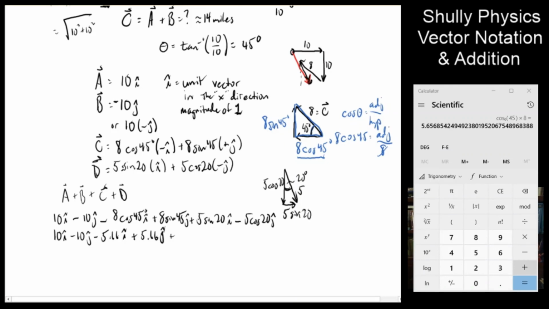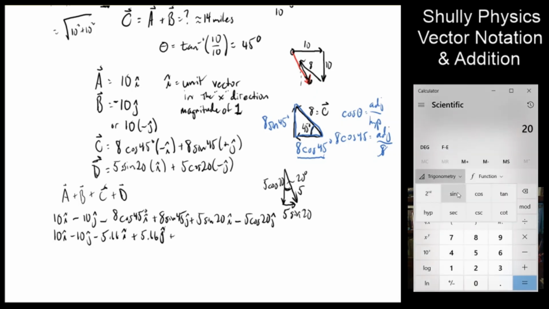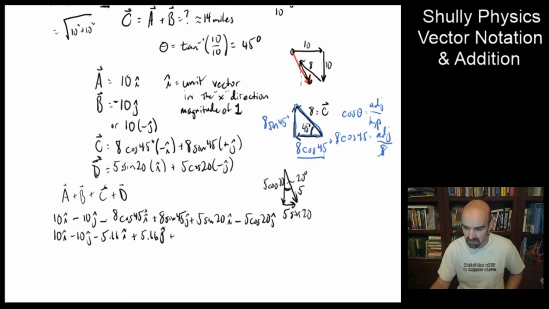All right, then we've got this 5 sine 20. So we're going to take the sine of 20 and multiply that by 5. You get 1.71.